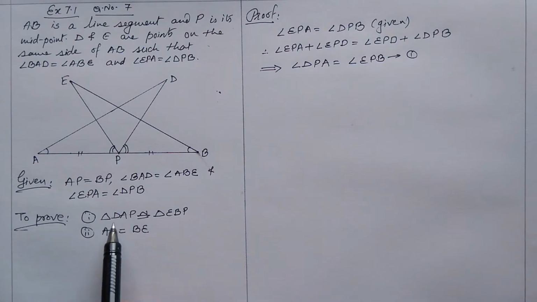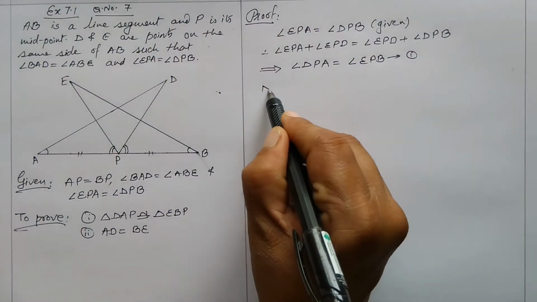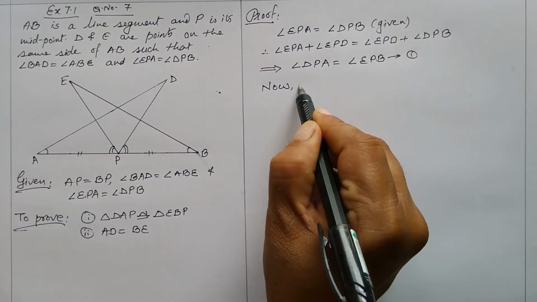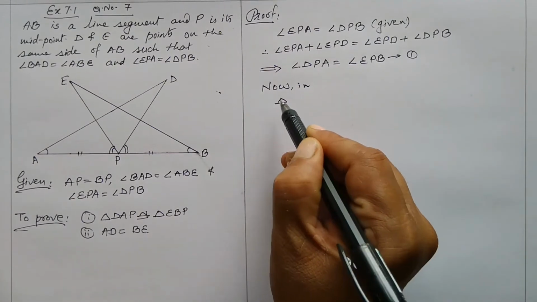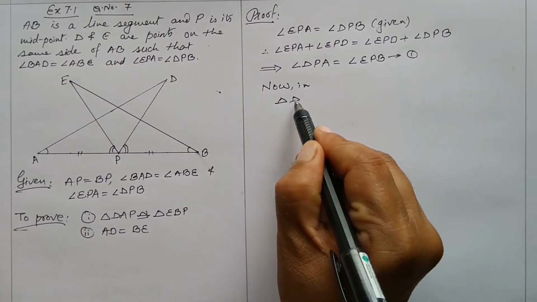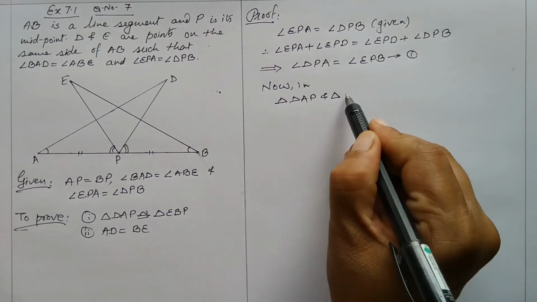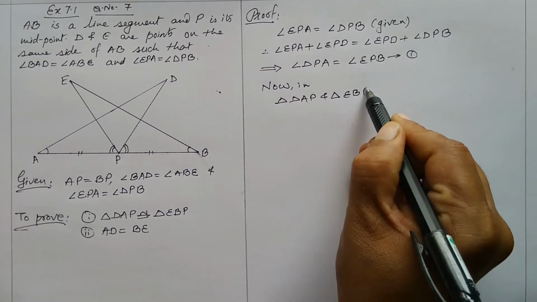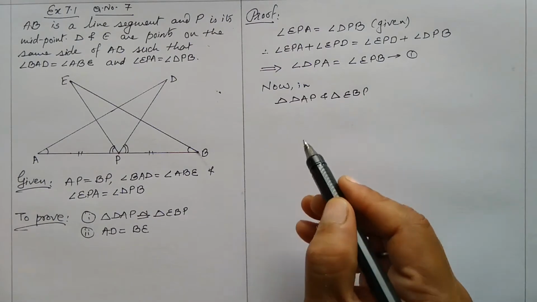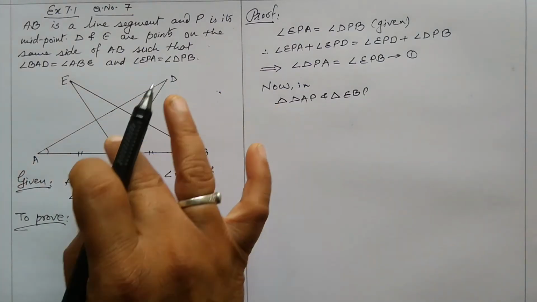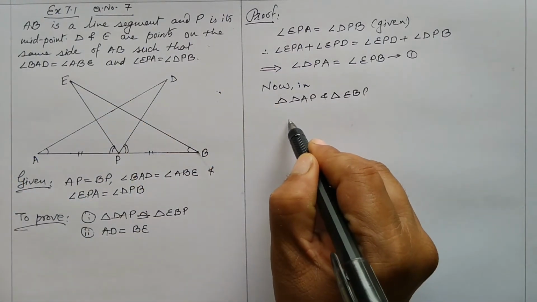Now you focus on triangle DAP. In triangle DAP and triangle EPB, what can you say?